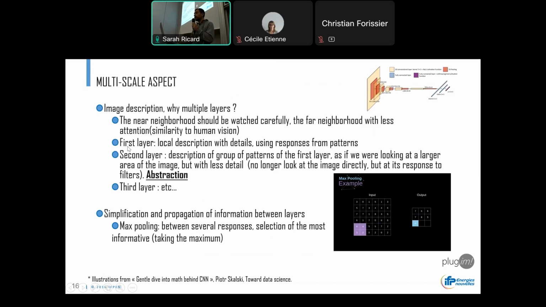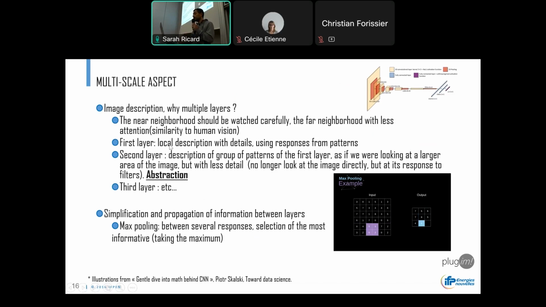So the first layer can be seen in a CNN as a local description with details. We compute directly some responses from patterns in the image. And with the second layer, we don't work anymore with the image. We work with the description of the image.